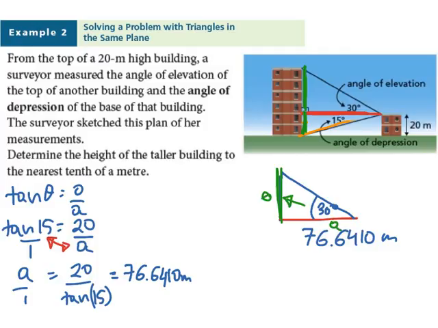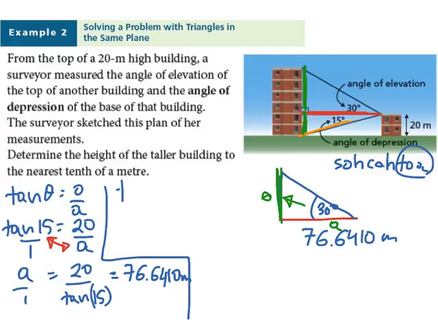Again, using SOHCAHTOA, we find that we have to use the tan ratio again, because we have adjacent and we're looking for opposite side.